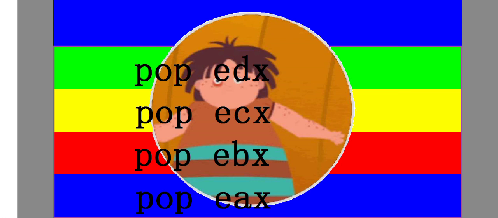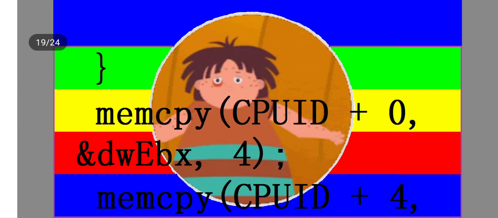First out isn't EAX. So push and pop is not FIFO. Pop ECX, pop EBX, pop EAX semicolon.